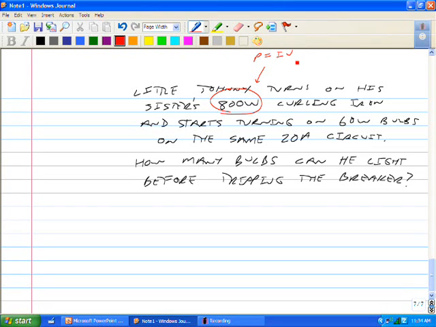P equals IV, then I equals P over V, which is 800 divided by 120. That's 6.6 amps.